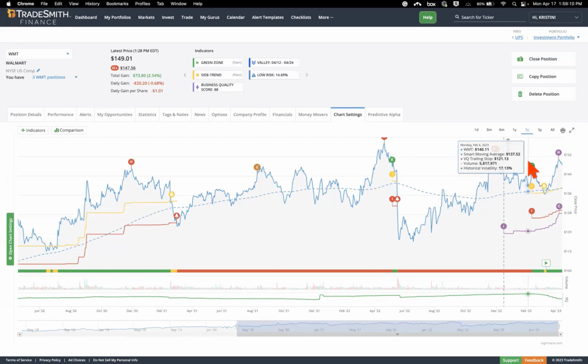But let's just go over the last icon, which is the purple ones. So these purple circles correspond with our VQs, okay? So the purple icons are our VQs, all the different percentages that we assign.